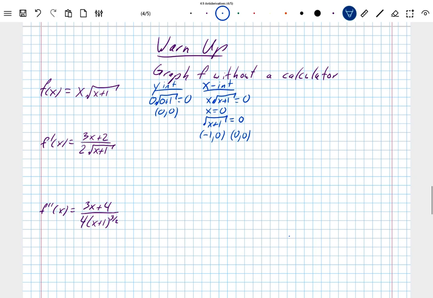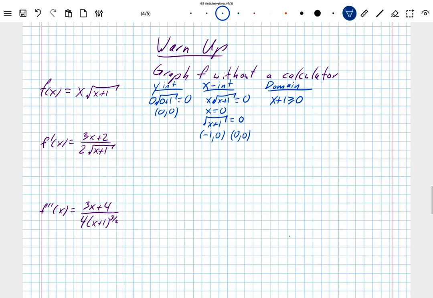Okay, on this problem, let's make sure that we take a moment to think about the domain. Because I have a square root, if I have a natural log or a root or even just a denominator, you should stop and think about the domain. What I need for this to be in the domain is I need inside of that root to not be negative. In other words, I need x plus 1 to be greater than or equal to 0 in order to be able to plug into that square root.